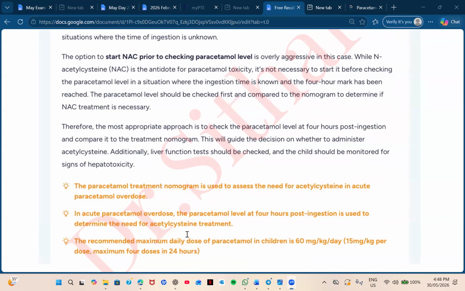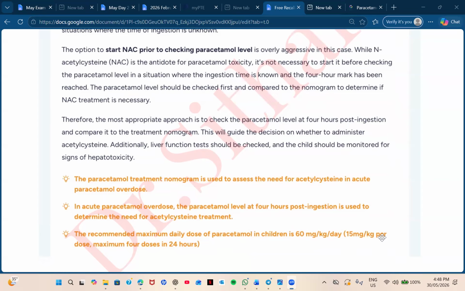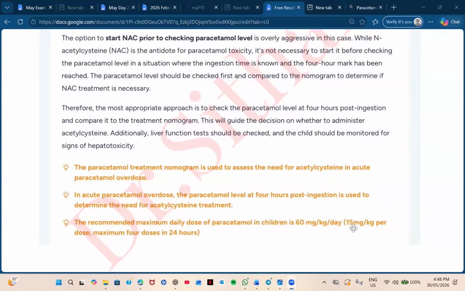The recommended maximum dose of paracetamol in children is 60 milligrams per kilogram per day, or 15 milligrams per kilogram per dose, maximum 4 doses in 24 hours. Right, doctors? So 15 milligrams for 4 doses, or 60 overall for the 24 hour dose, right?